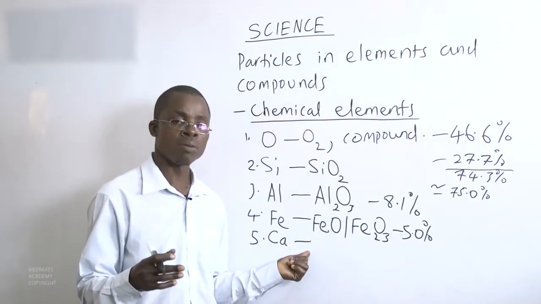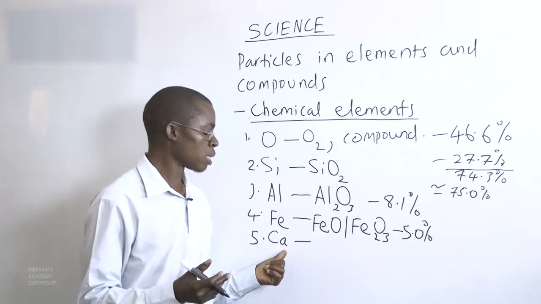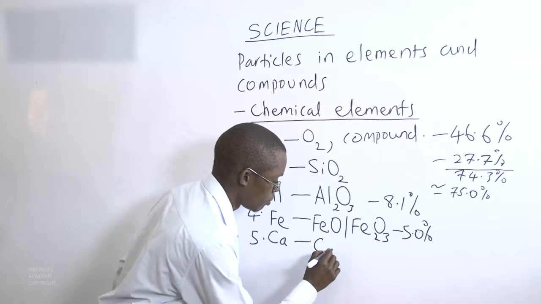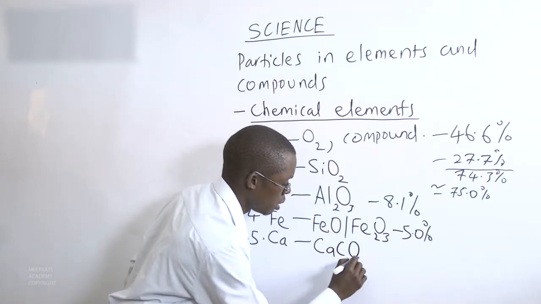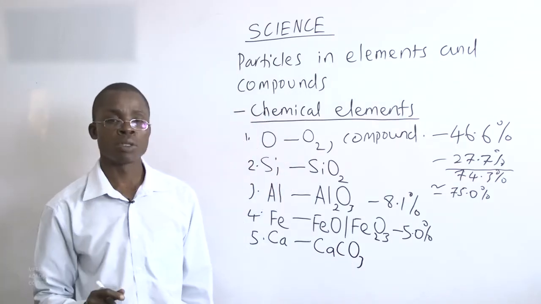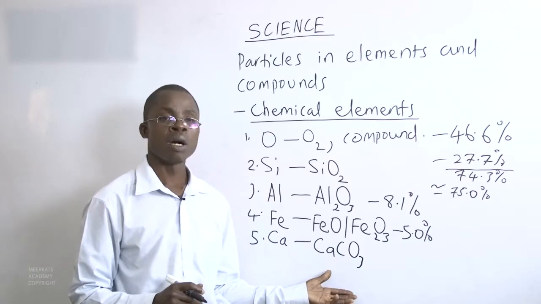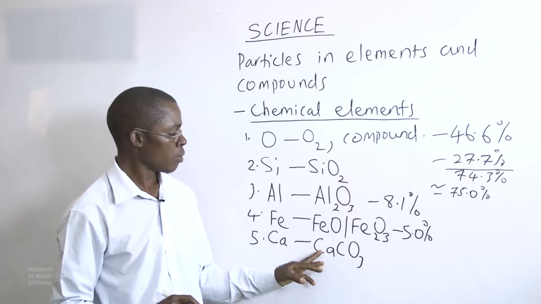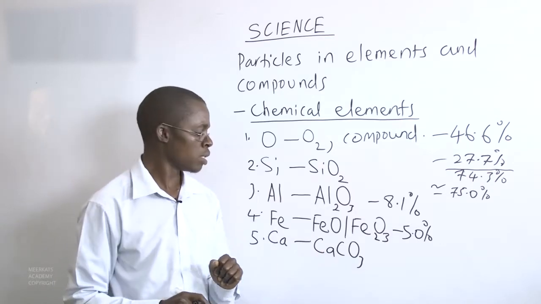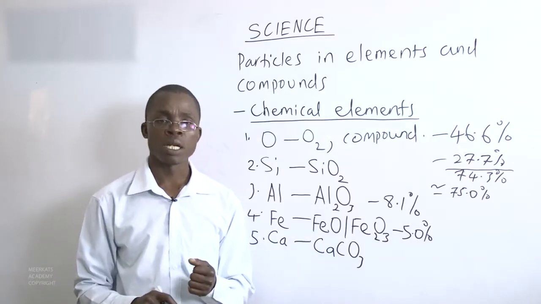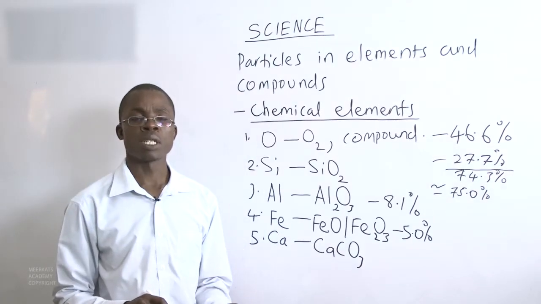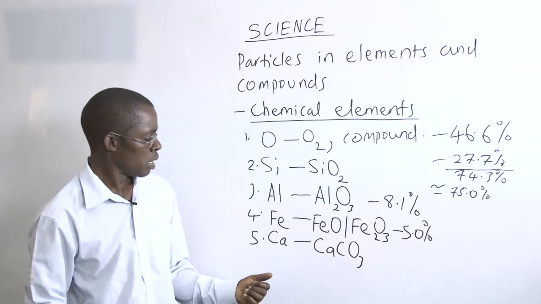And if you look at how cement is made, calcium carbonate, which is limestone, is a bigger component of it. In calcium carbonate, we have calcium as an element, carbon as an element, and the big one, oxygen, is also present.